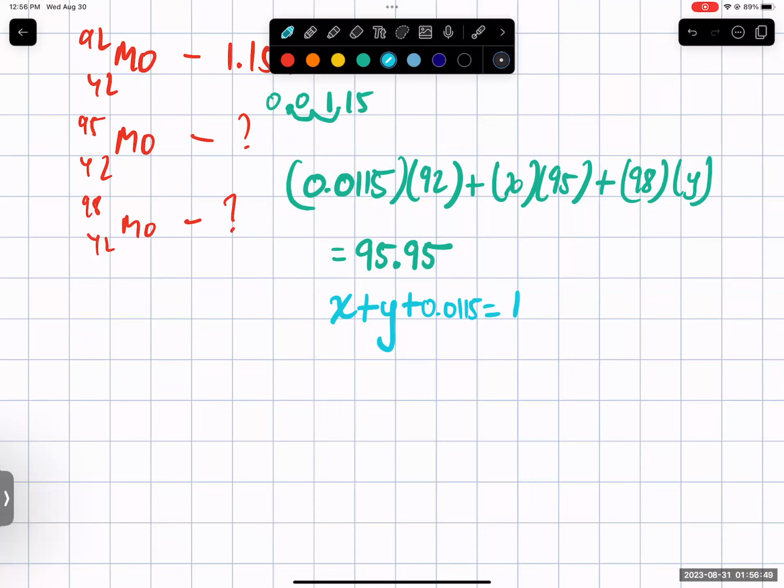All right, now let's clean everything up, make it look all nice and fancy. So let's clean up the bottom equation, the one in teal, as that's easier. So X plus Y, and then what do we do to this 0.0115? We want to get the variables by themselves, so subtract it. So what do we get when we do that?